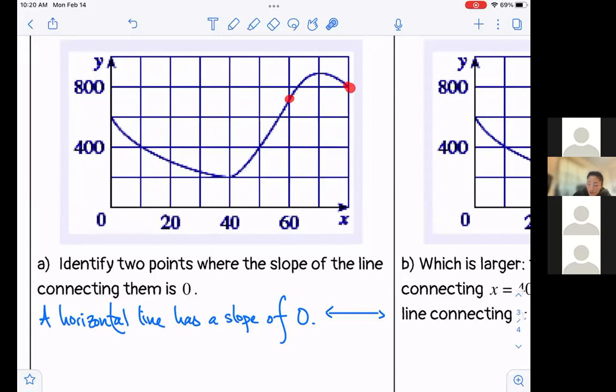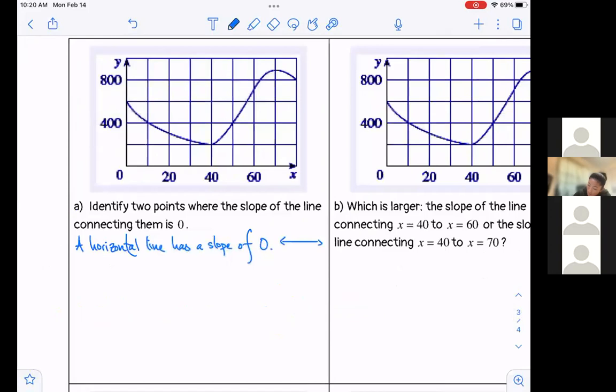How could we change the 60 so that this becomes a horizontal line, like it's perfectly straight across? Yeah, maybe like 63 or something like that. Here to here, I would buy that, or 65, right? Perfect. All of those would give you a slope of 0. Great. Okay.